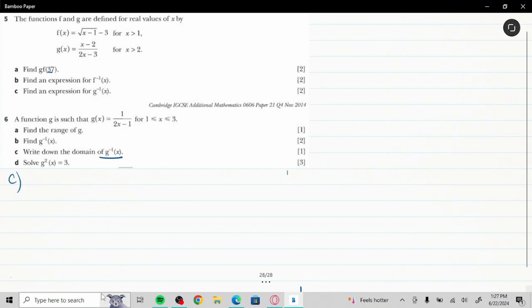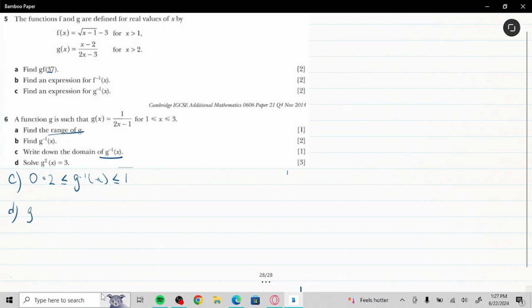So we have already found out the range of g, so we can say that the range of g is the domain of the inverse of g, and we found the range of g to be 1 upon 5, which is 0.2, greater than or equal to g inverse of x, and less than or equal to 1. So this is the domain for the inverse of that function.